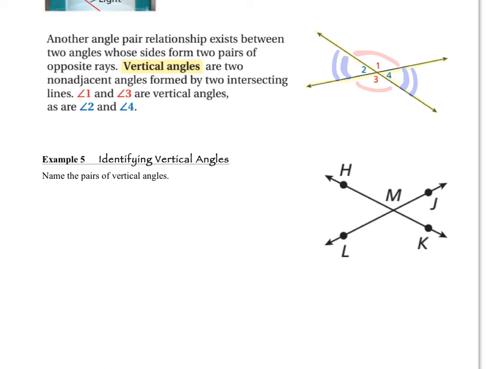Now, on the next example, example number 5, we want to identify the pairs of vertical angles. So remember that when we have this many things going on, this many angles, we have to use 3 points to name our angles. If we take a look at angle HML, first of all, we know that that one is vertical and therefore congruent to the one that is opposite, which is angle JMK.